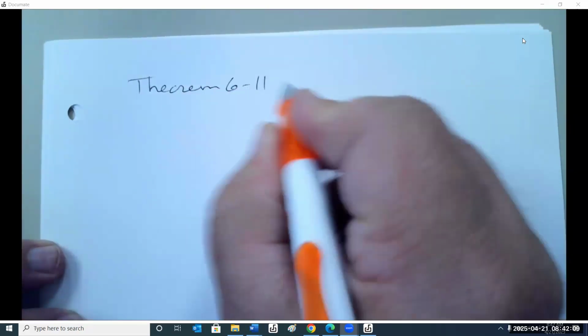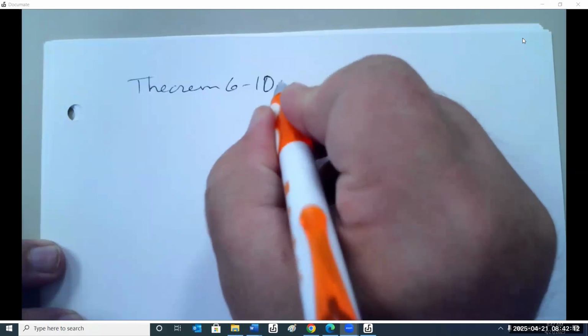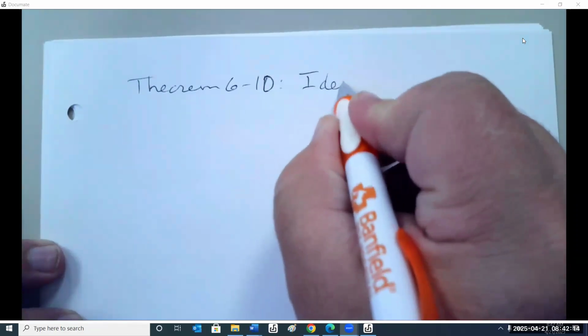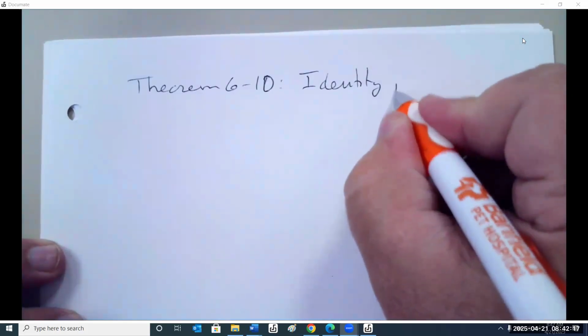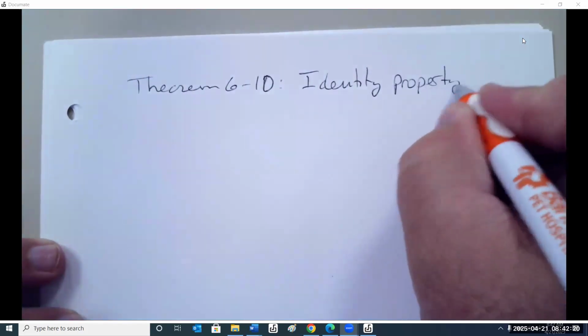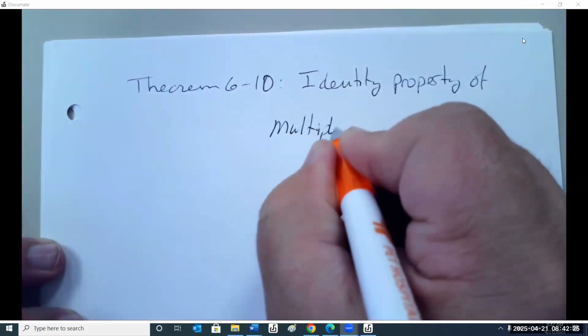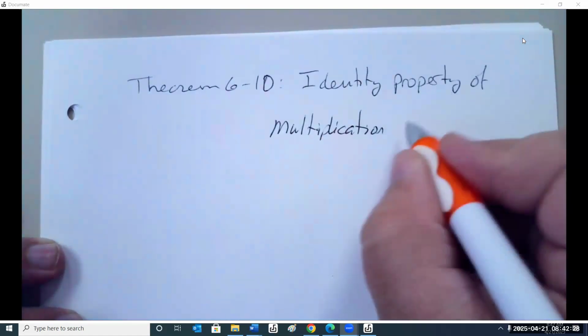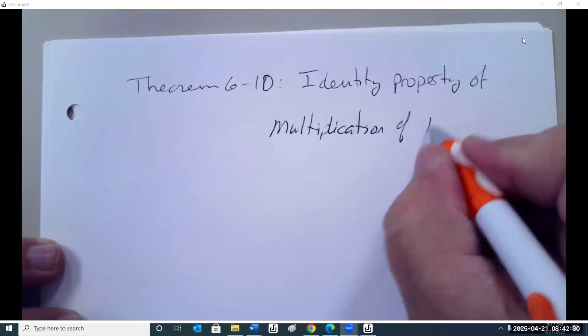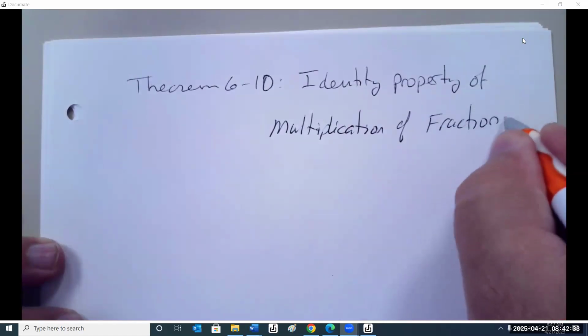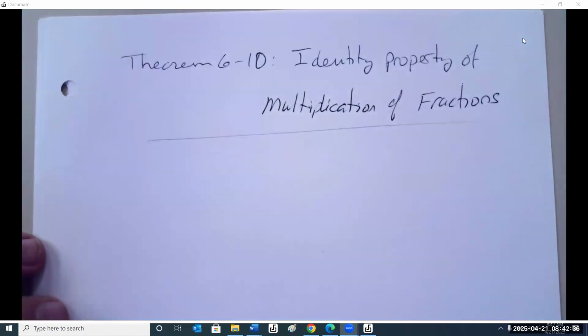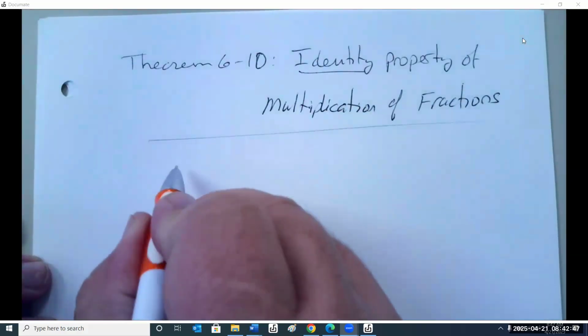Theorem 6-11 or 6-10, this is the identity property of multiplication. Instead of rational numbers, I'm simply going to put fractions. It's easier to write. Identity.